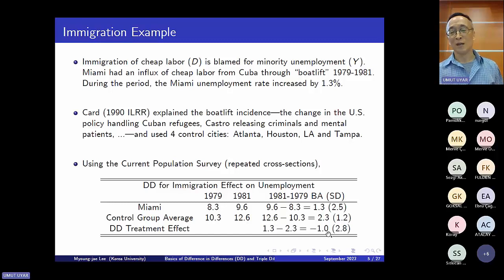So if you divide this number by this standard error, then you get an insignificant result. So the point is that just looking at the treatment group before and after can be misleading. That's why I guess DD is popular.